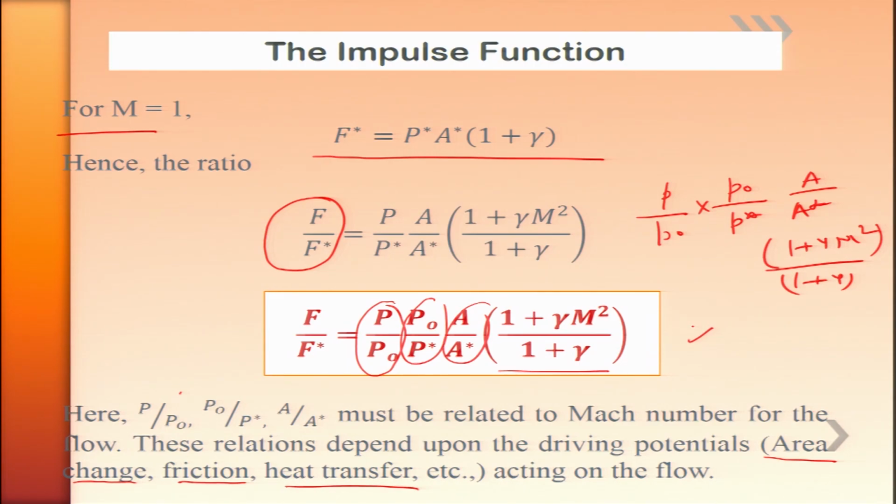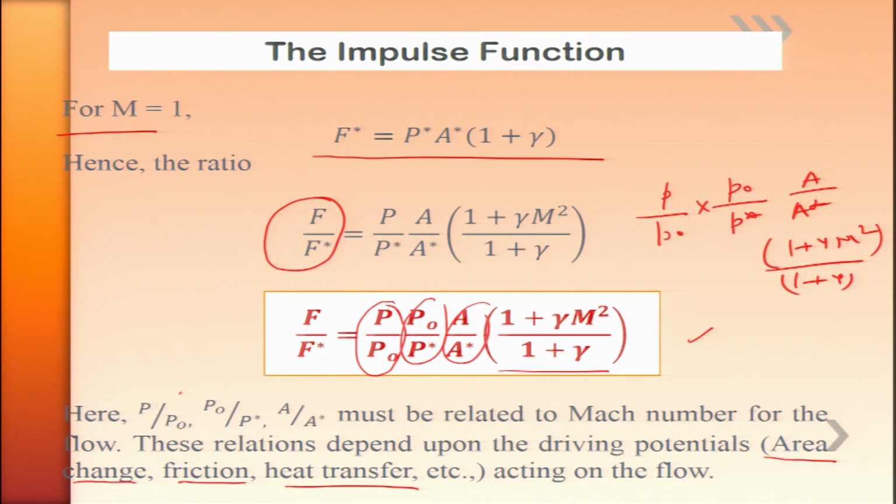However, we have just found our relationship of P by P naught by P star, and the area Mach number relationship for area variation without friction, without heat transfer, that is inviscid and adiabatic flow.